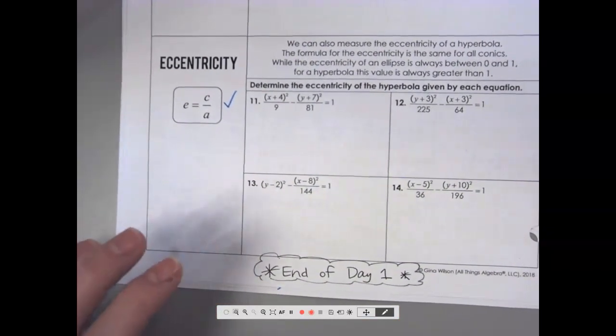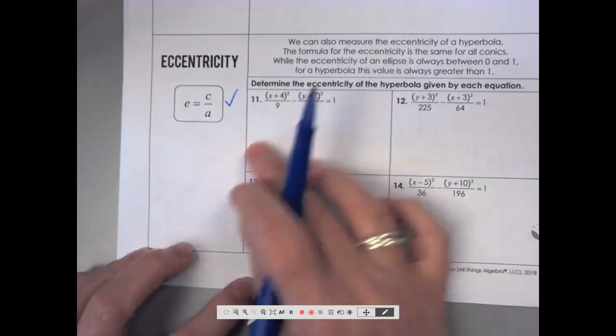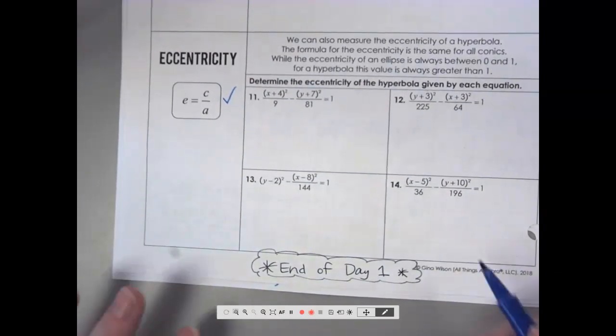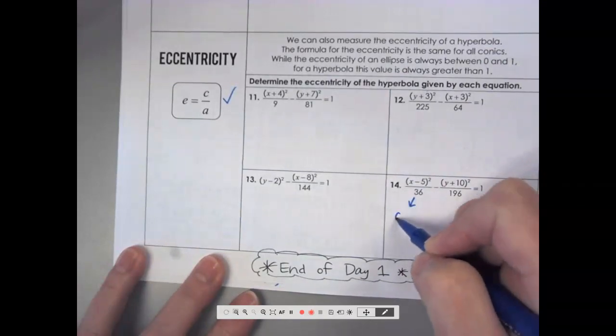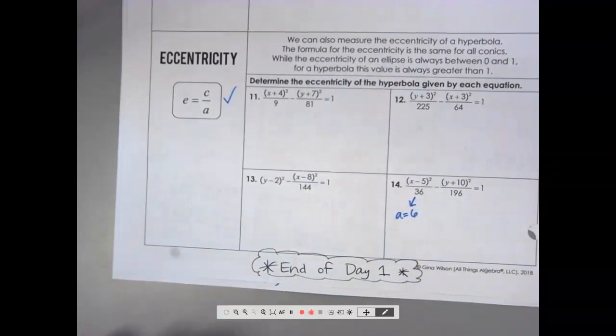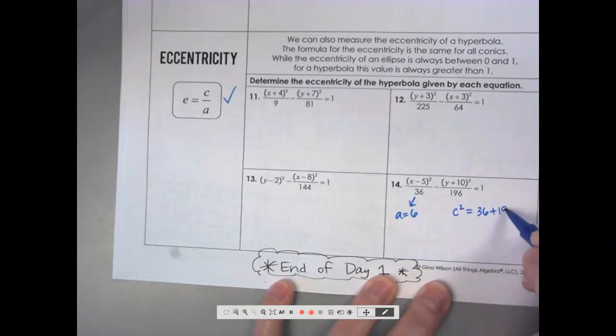Okay. So I need C and I need A. Which one looks bad? 11 through 14. Pick one. 14? All right. What is A? 6. Got half of it. Now I just need C. So I'm going to find C by doing C squared equals A squared plus B squared.